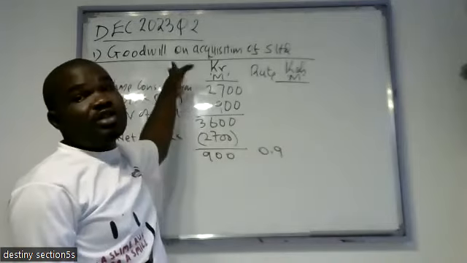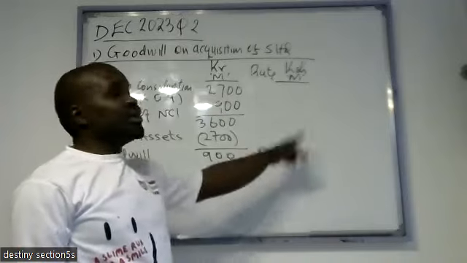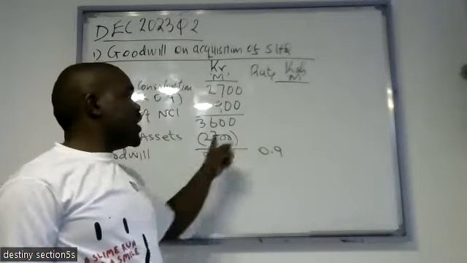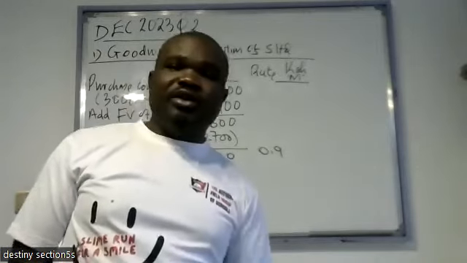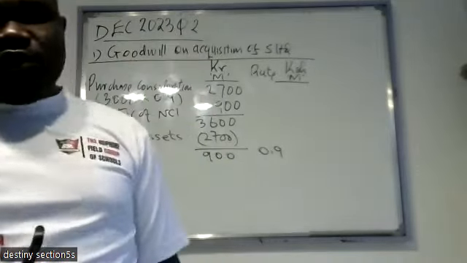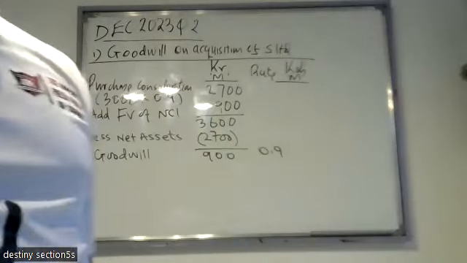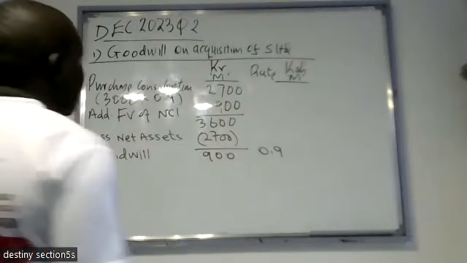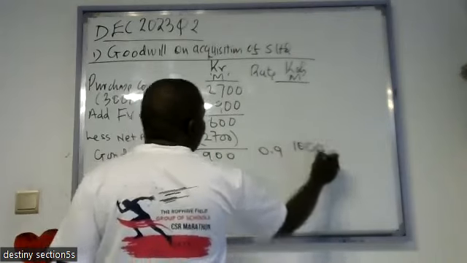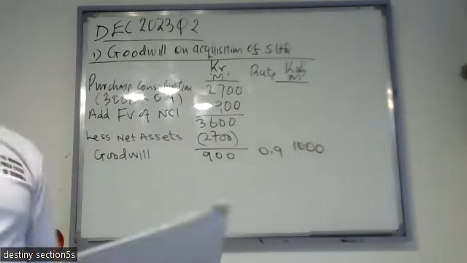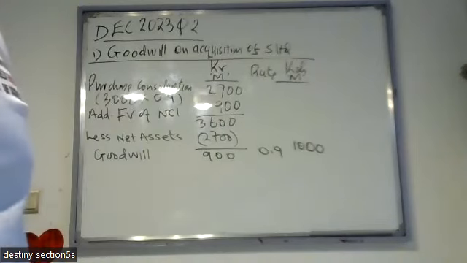To get them in crowns is when you multiply. But now to get to Kenya shillings, you divide. So 900 divided by 0.9, will that one be 1,000? So that should be 1,000. All right. So you bring here 1,000. I hope everyone is okay with that.